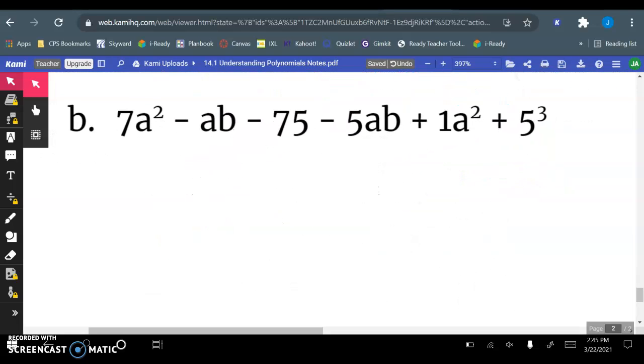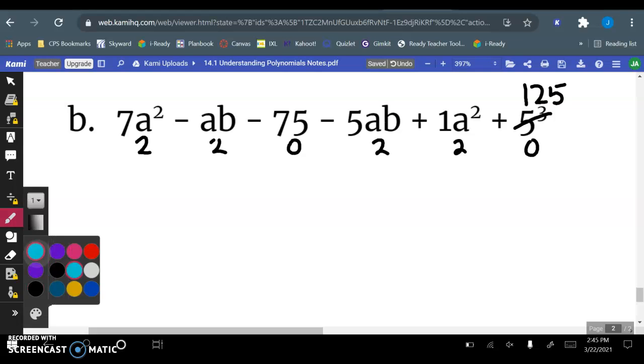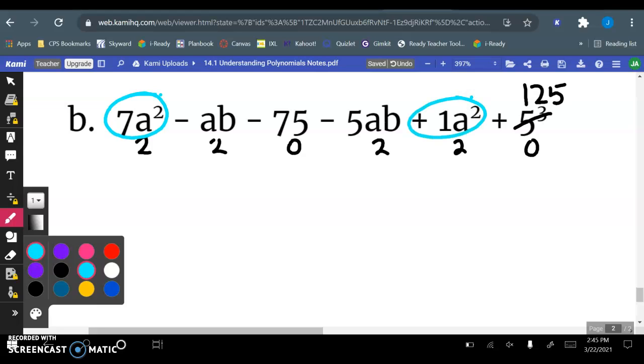And then this one, this has a degree of 2, this is 2, this is 0, 2, 2, and 0. 5 to the 3rd power is 5 times 5 is 25 times 5 is 125. So now let's go through and put like terms together. So 7a squared goes with 1a squared.